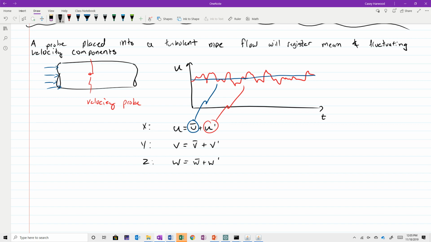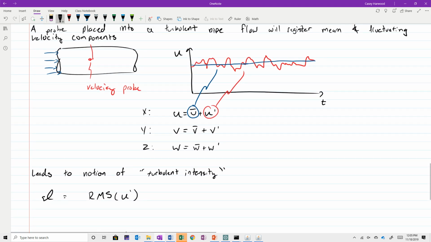What I want to introduce is this notion of what we call turbulent intensity. The turbulent intensity is given by a cursive capital I, given as the RMS of the fluctuating component divided by the mean velocity, u bar.